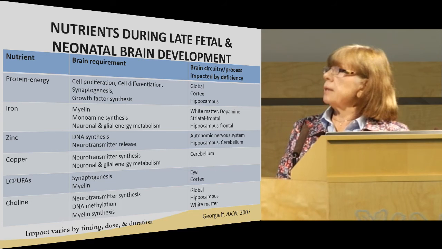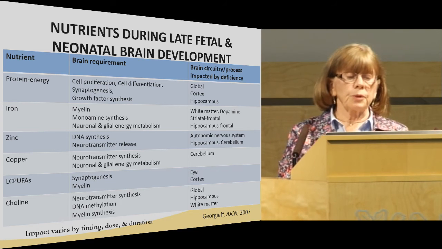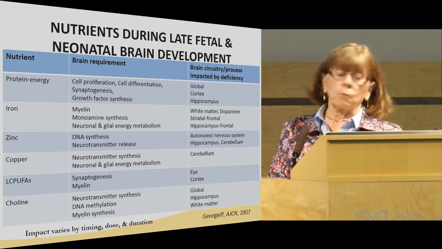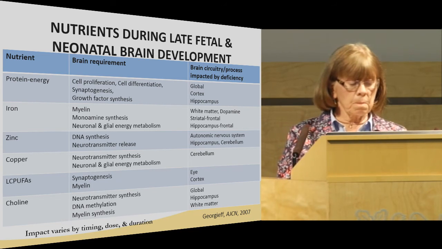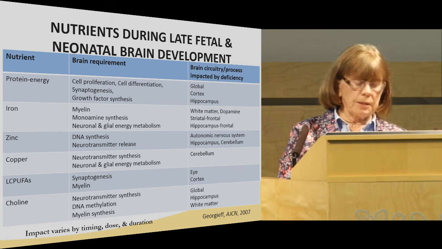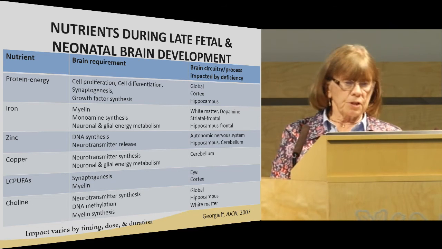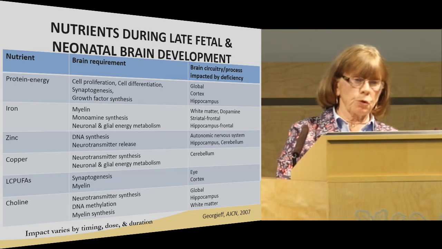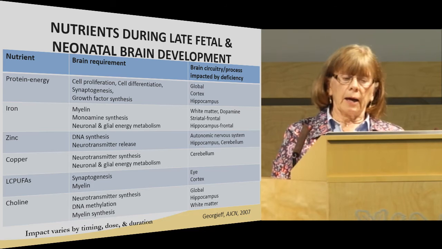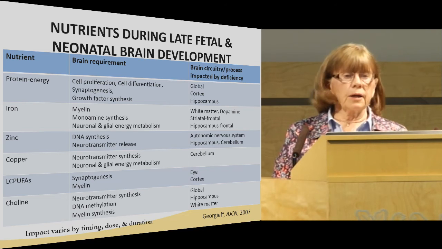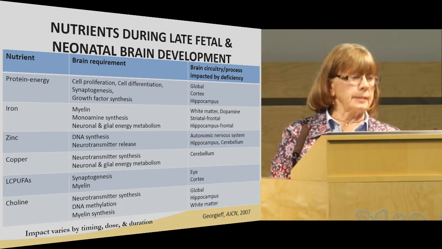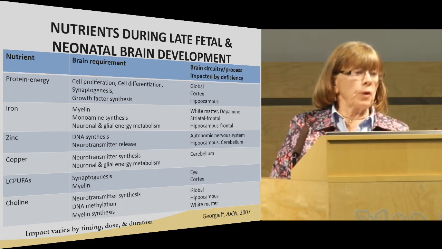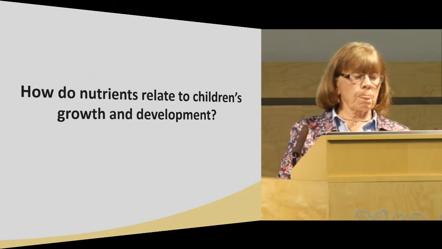This slide summarizes the nutrients that are needed during the late fetal and neonatal brain time. The impact of these nutrients varies by the timing and the dose and the duration. And there's a fair amount of research that looks at this kind of work, both in animals and in children. And much of this is in low and middle income countries because that's where the deficiencies are.